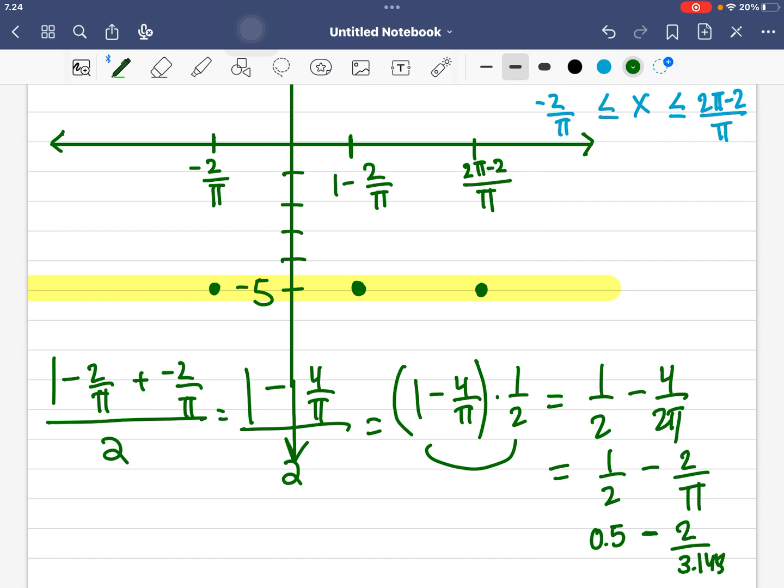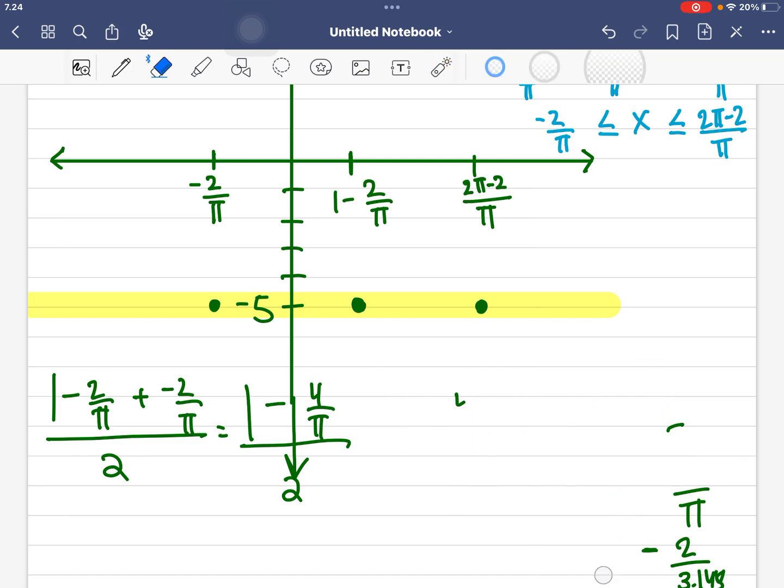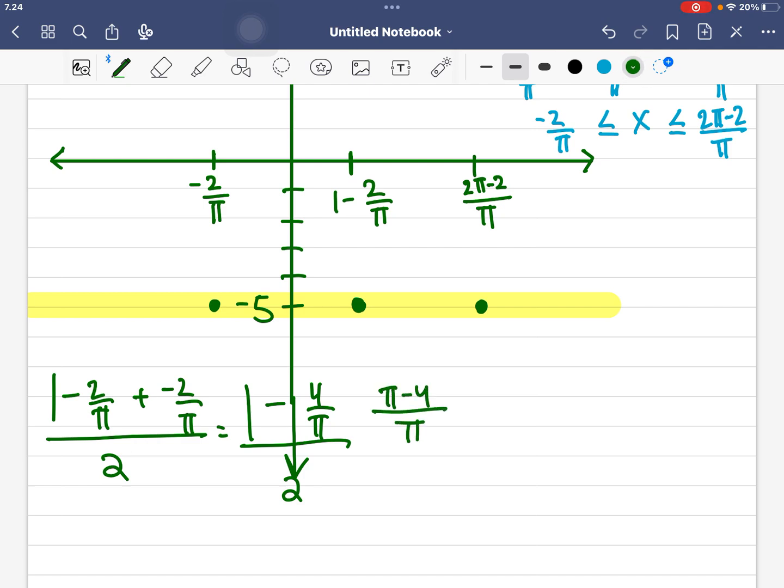So I expect that it's gonna be a negative number here. Wait, hold on a minute. 1 minus 2 pi plus negative 2 pi. That's minus 4 over pi. Maybe I should rewrite it this way. So it's pi over 4 over pi.